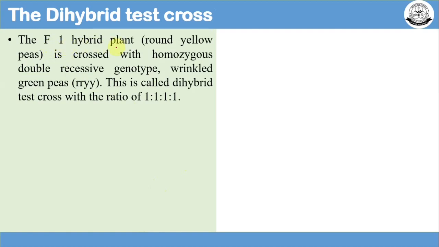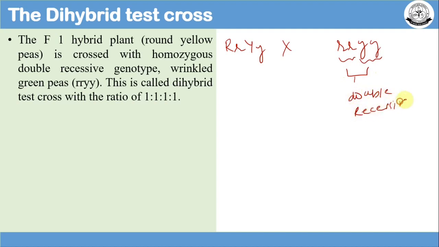So if the F1 hybrid plant is crossed with homozygous double recessive genotype, so wrinkled green கூட பண்ண வச்சுக்கோங்களேன். ஃபார் எக்ஸாம்பிள் we have a plant like this. இது homozygous double recessive இல்லையா, இதுவும் ரெசசிவ் இதுவும் ரெசசிவ், டபுள் ரெசசிவ். ஹோமோசைகஸ் பிகாஸ் இதுவும் இதுவும் ஹோமோசைகஸ் கண்டிஷனில் இருக்குது.